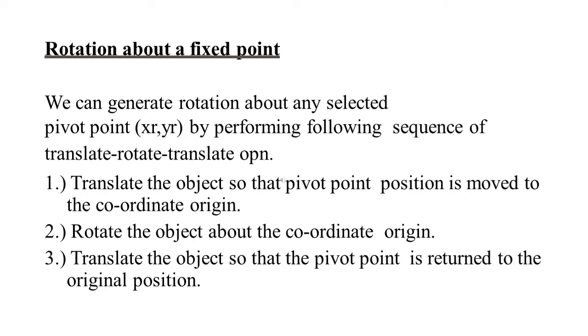Next is rotation about a fixed point. We can generate a rotation about any selected pivot point (xr, yr) by performing the following translate-rotate-translate sequence. First, translate the object so that the pivot point position is moved to the coordinate origin.